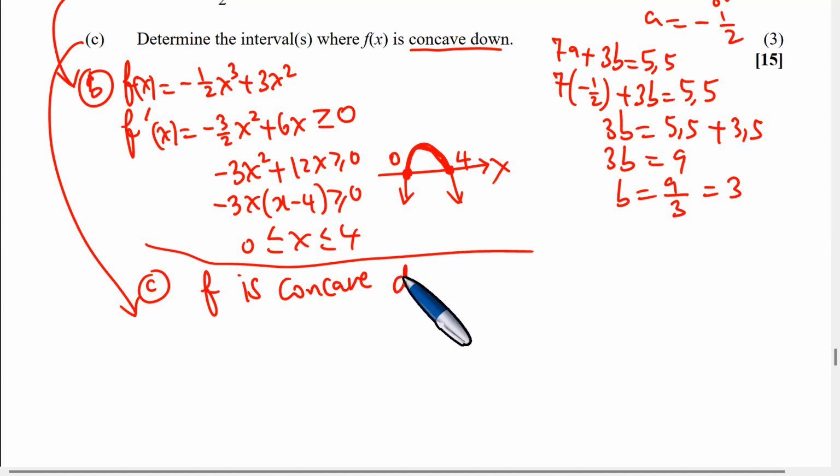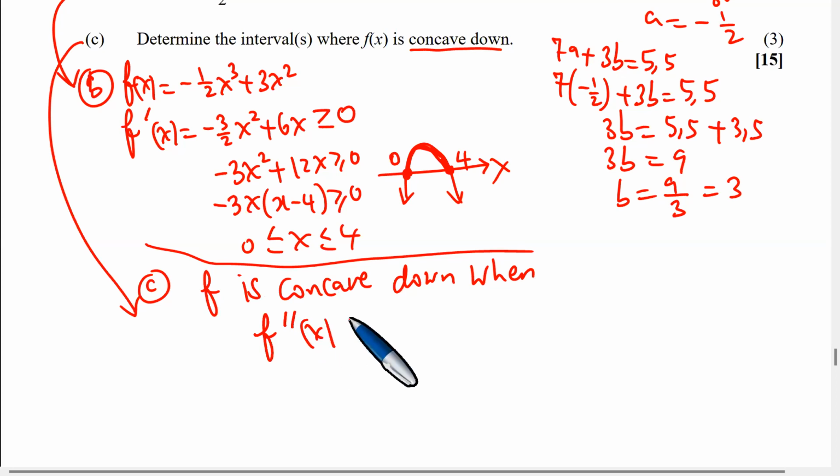When is the function concave down? It is concave down when the second derivative is negative, less than 0.